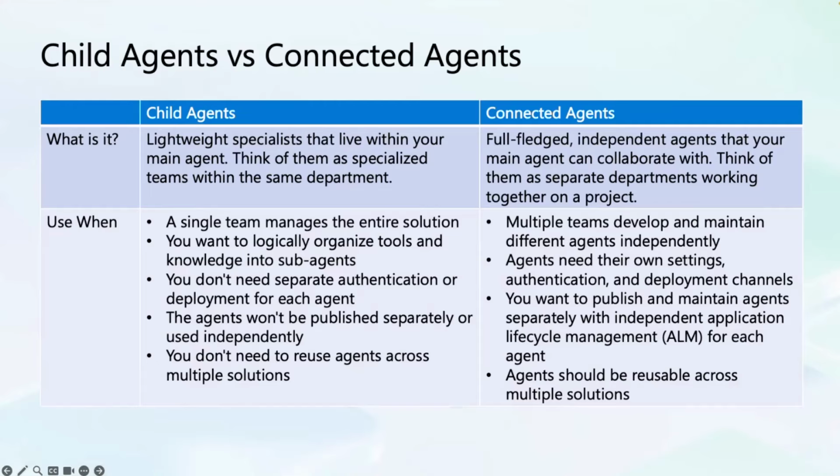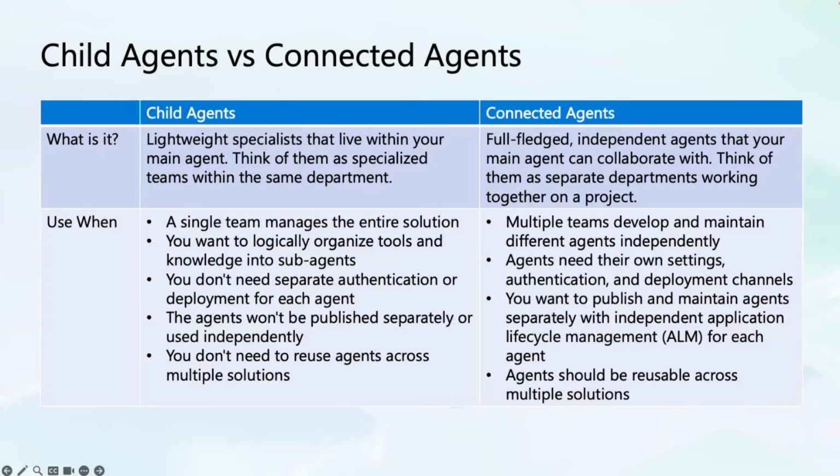So when would you use each of these? A child agent is really good when a single team manages the entire solution, whereas a connected agent is good where you have multiple teams developing and maintaining different agents independently. You might use child agents when you want to logically organize tools and knowledge into sub-agents, which is good for breaking apart complex agent scenarios into smaller, more manageable tasks.